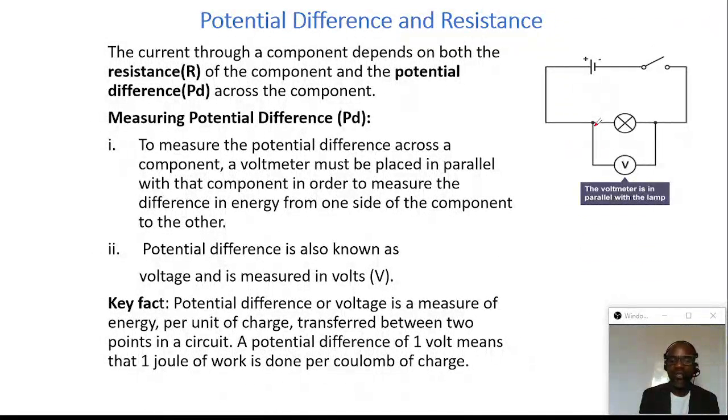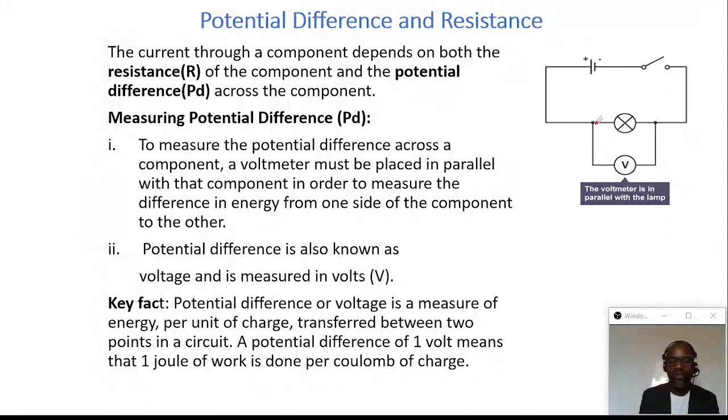I repeat, as soon as the switch closes, current begins to flow round the circuit. However, the current flowing into the lamp can also be measured. The potential difference, that's the amount of energy dropped between this point and this point, can also be measured. That is what the diagram is all about.